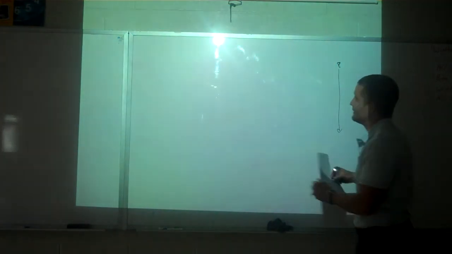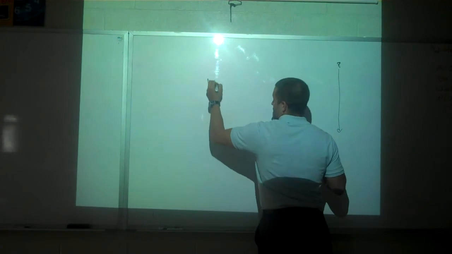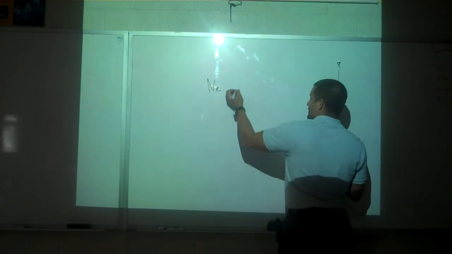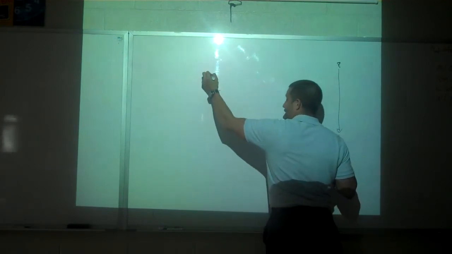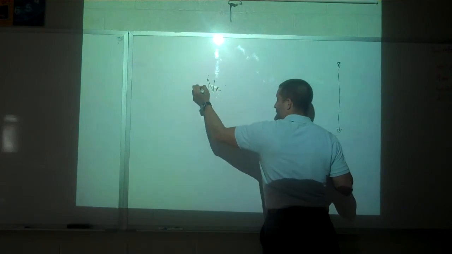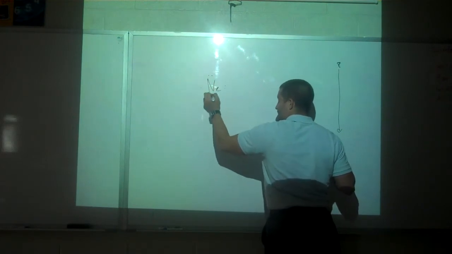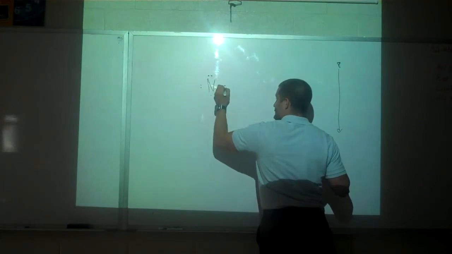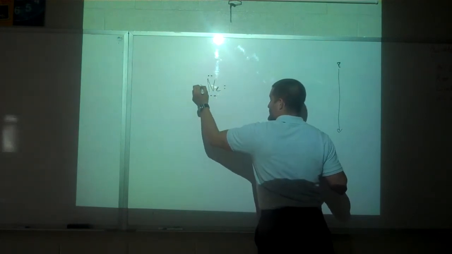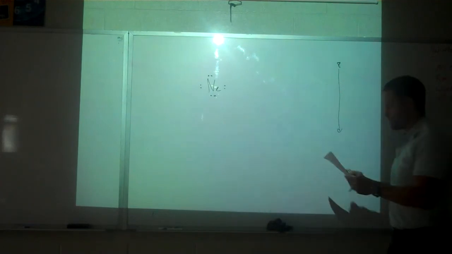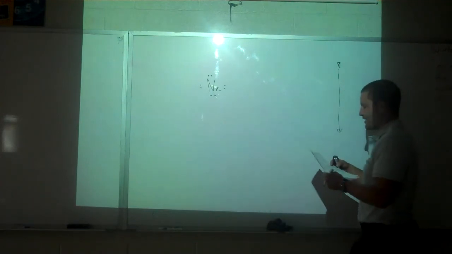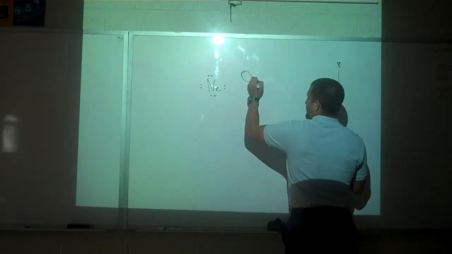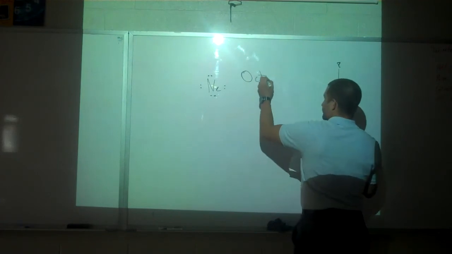So I know that neon is going to have 8 valence electrons. So I can go 1, 2, 3, 4, 5, 6, 7, 8. Notice, neon is stable, it's full. It's not going to react with anything because it has those 8 electrons. Okay? And this brings me to a good point. This brings me to what they call in chemistry the octet rule.